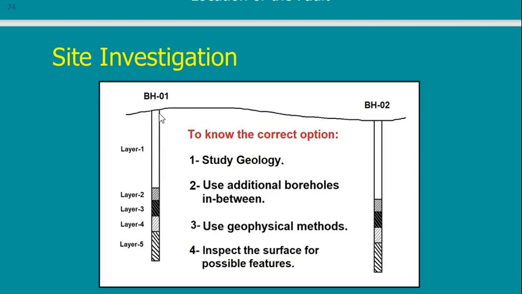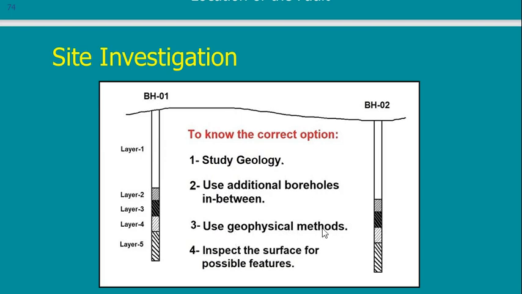Usually when I come to a site investigation and I get this borehole and I get another borehole and I find that there is something different, a very big difference between both, I will need to add one borehole in between to study what this difference is. So I use additional boreholes if needed, if I find a discrepancy between boreholes.